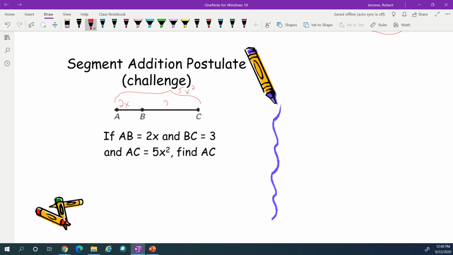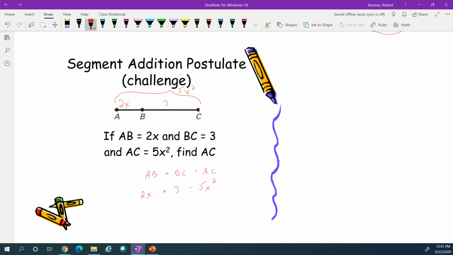Well, again, AB plus BC equals AC. So 2x plus 3 equals 5x squared. The geometry has not changed.